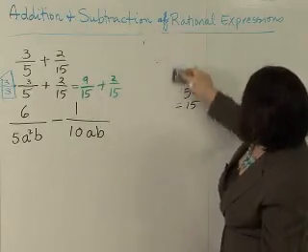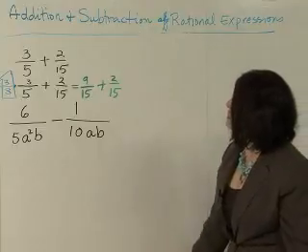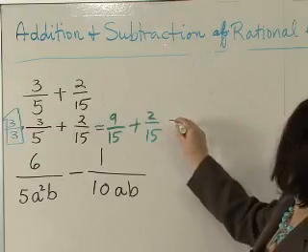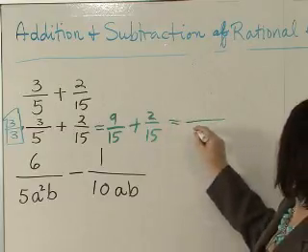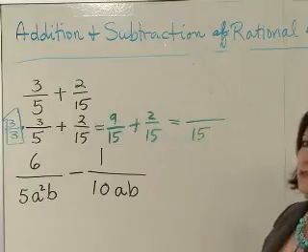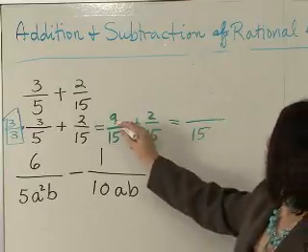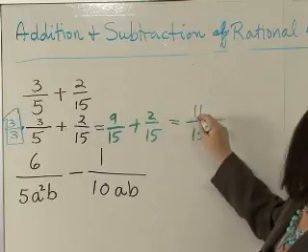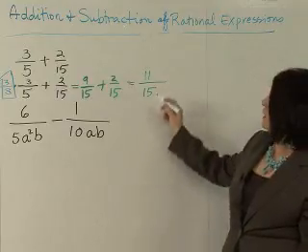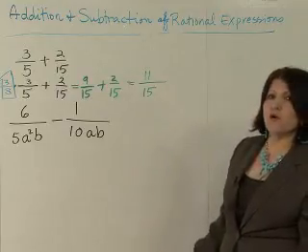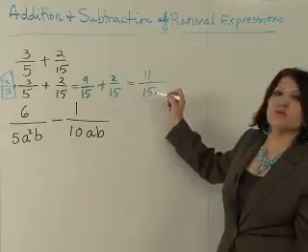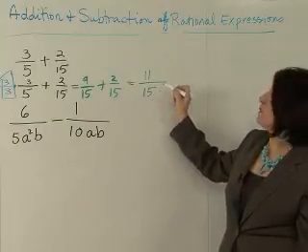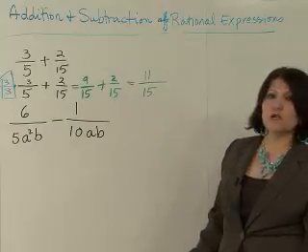And my next step would be, since denominators are the same, my common denominator would be 15. And then add the numerators. 9 plus 2 is 11. And so my answer would be 11 over 15. And of course, after that, you want to make sure it's reduced to lowest terms. 11/15 is reduced to lowest terms.